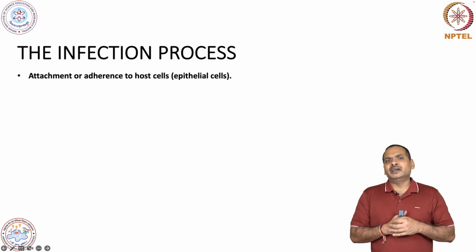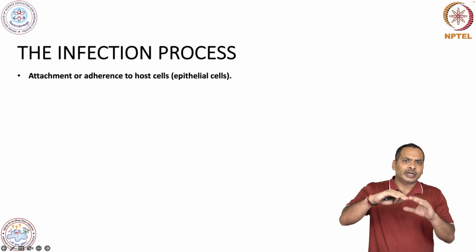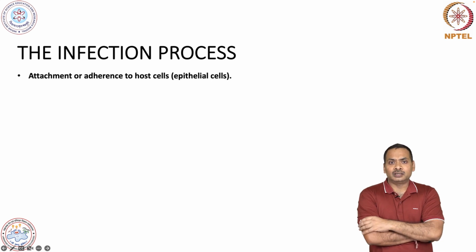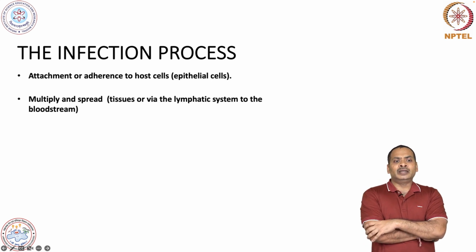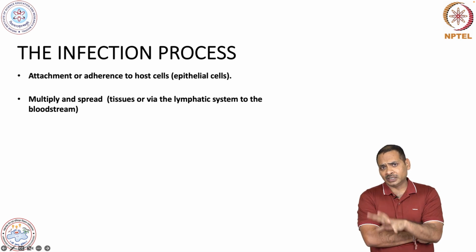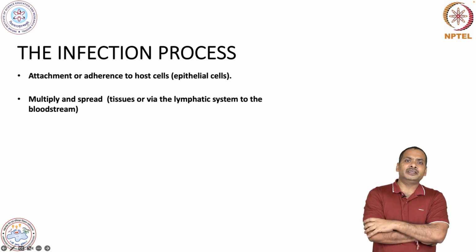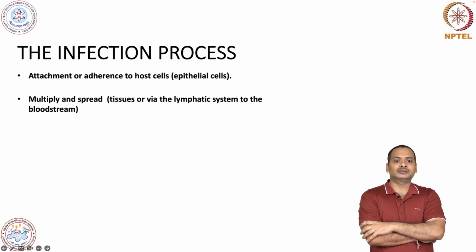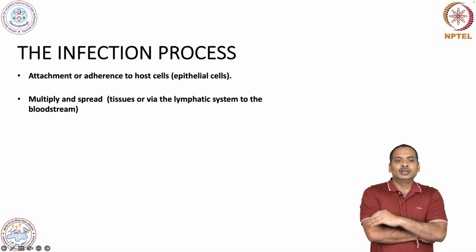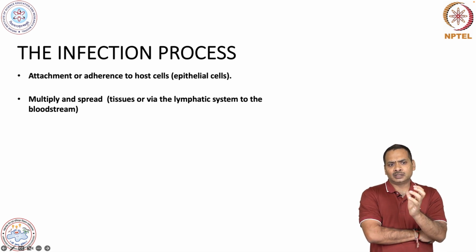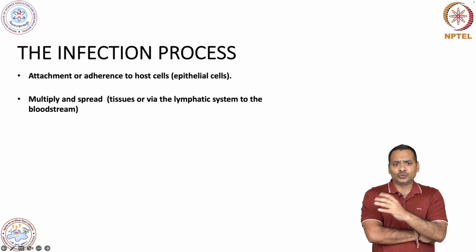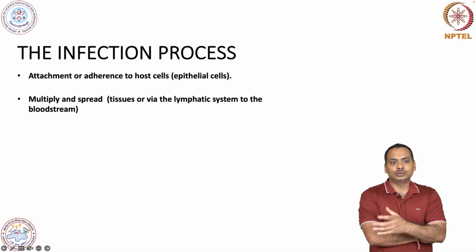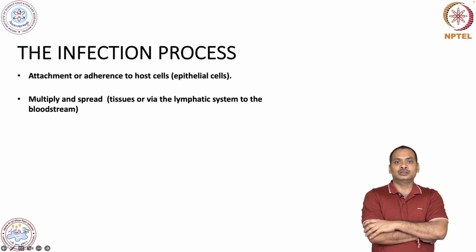And this attachment and adherence mainly takes place over the epithelial cells, the lining of all body parts. Okay. Another is, once they attach, they will multiply there and spread using the host resources. So this multiplication and spread over the tissue is via the lymphatic system to the bloodstream. Okay.